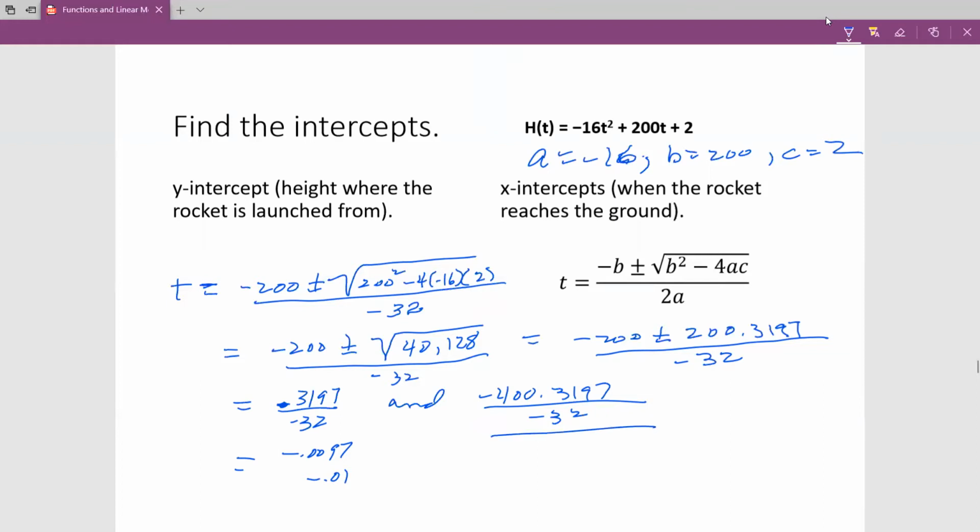And the root that really matters is 12.5099, which would be rounded off to the nearest hundredth, or 12.51. So in 12.51 seconds, the rocket comes back and hits the ground.